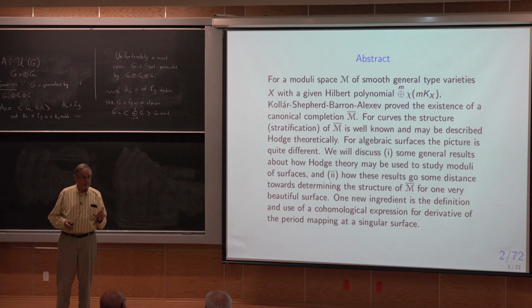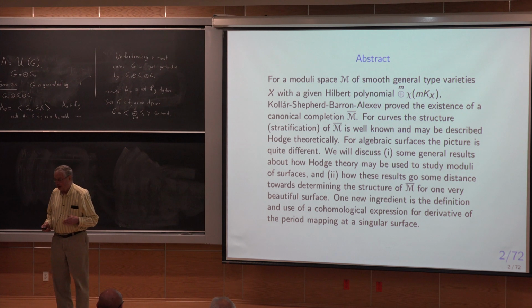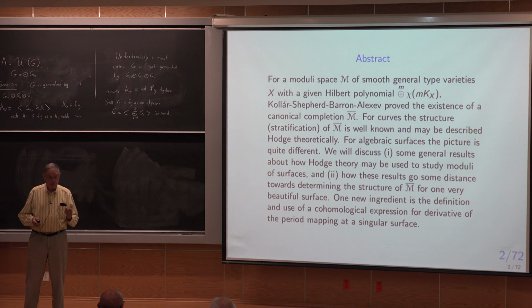And so what this talk will be about is really the beginnings of how one might use some aspects of Hodge theory to study moduli of algebraic surfaces, and to illustrate how for one particular algebraic surface, sort of the analog of algebraic curves of genus 2, the first ones you come to after genus 0, the Riemann sphere, and genus 1, elliptic curves, the analog of that are called I-surfaces, and there's beginning to emerge, using Hodge theory, a fairly complete picture of what the moduli space looks like.